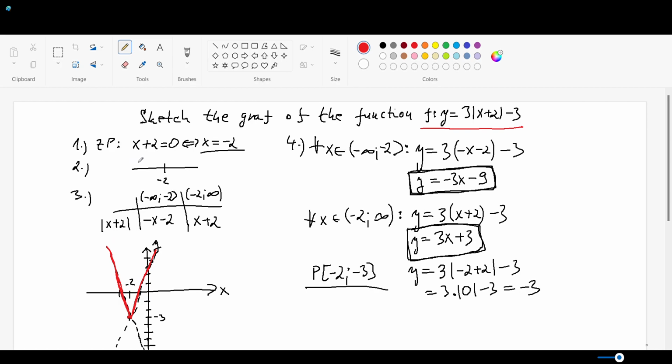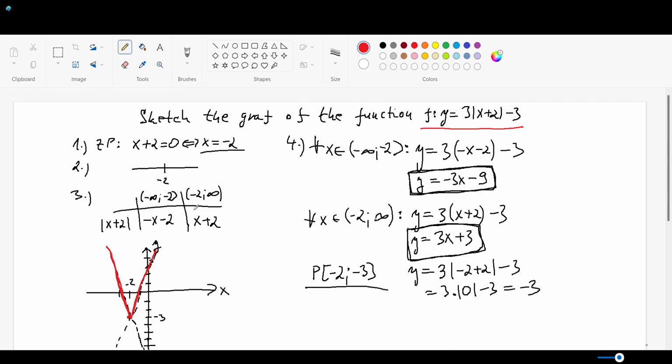Okay, so let me repeat. The first thing is to find the 0 point, let's say its x coordinate. Then you split all the real numbers into two intervals. In this case, the first interval is on the left side of the 0 point, and the second one is on the right side.